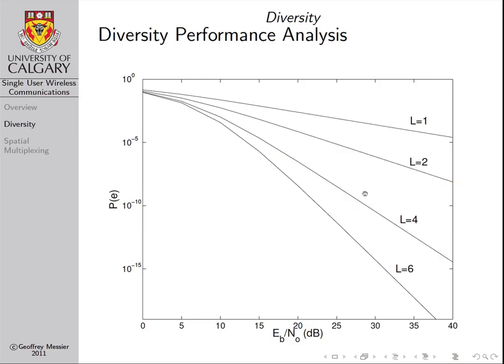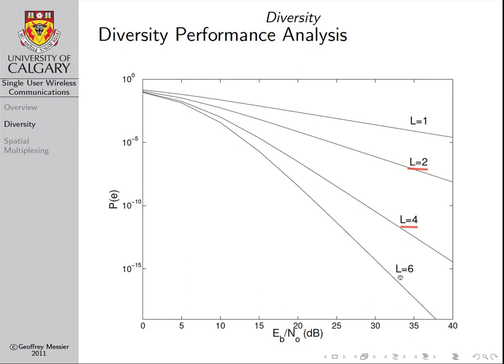We also see further confirmation that diversity adds on the basis of diminishing returns. So if we look at the incremental gain achieved when we go from 2 diversity paths to 4 diversity paths, we see a very large, significant improvement.